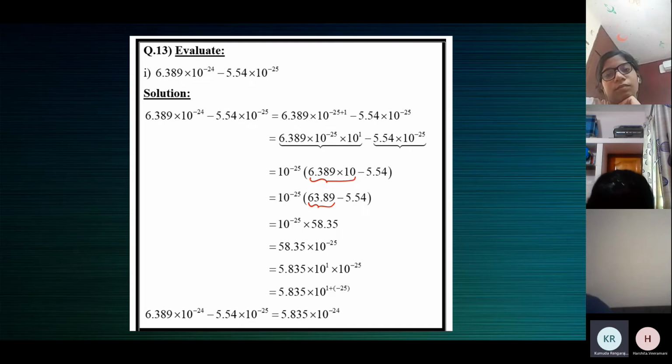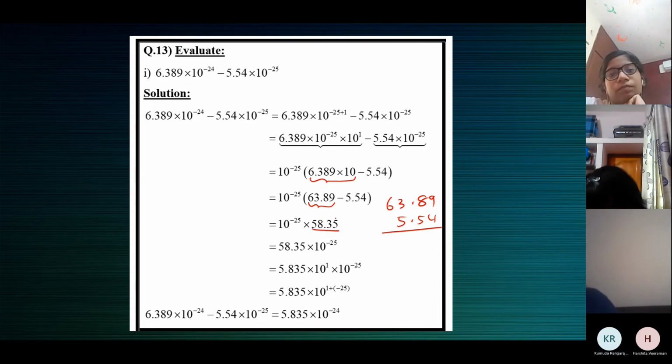So 6.389 into 10 is 63.89 minus 5.54. Now subtract 63.89 minus 5.54. When you subtract, you will get 58.35.